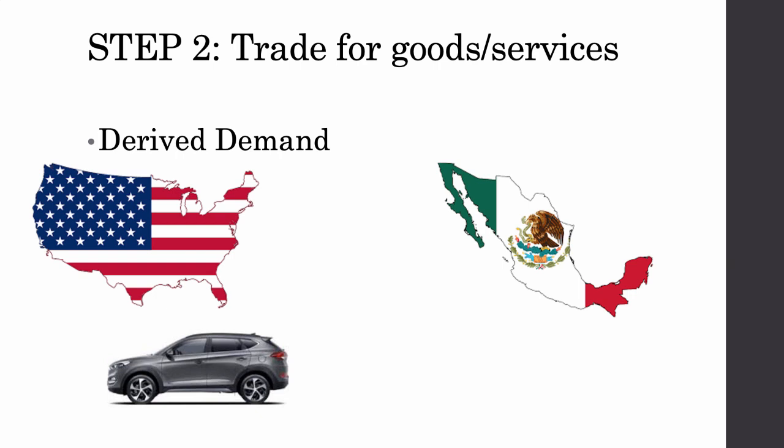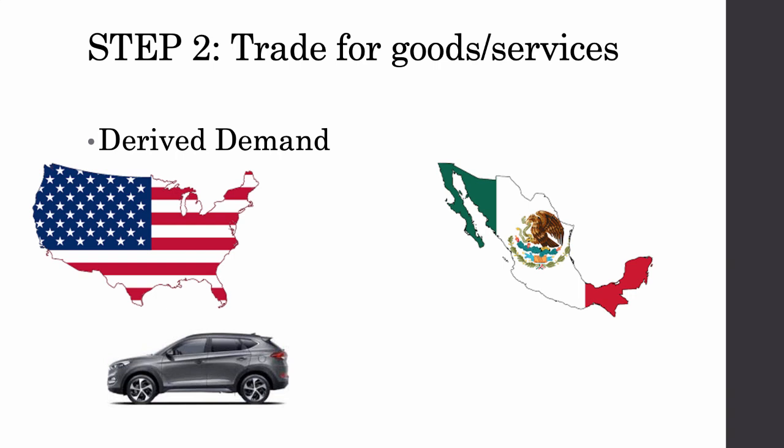Companies demand labor because consumers demand what the company is producing. We can take that idea of derived demand and drop it onto our foreign exchange discussion here. There's a derived demand for Mexican pesos because there's a demand for the things that Mexico produces.